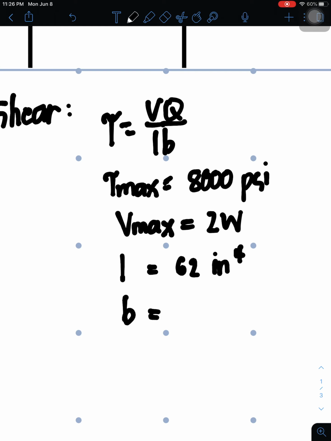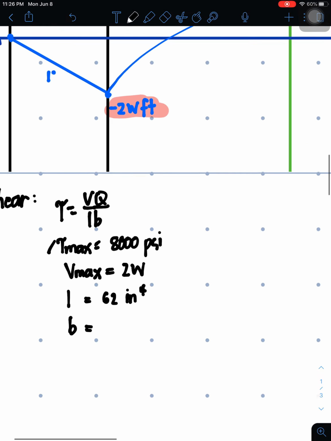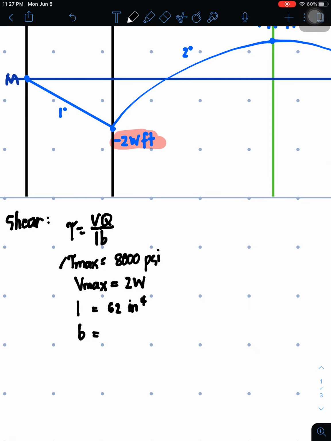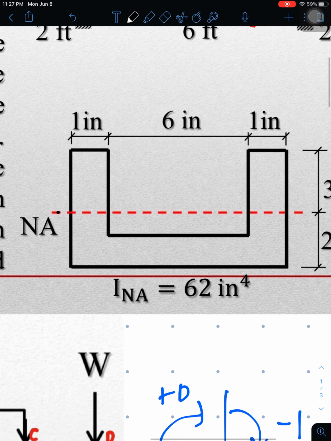How about for the base? What is the base? Since we're talking about the maximum shear stress, then we can find the maximum stress at the neutral axis. Okay. So where is the neutral axis? Here is the neutral axis. And which base hits the neutral axis? Somehow the base that hits is here.